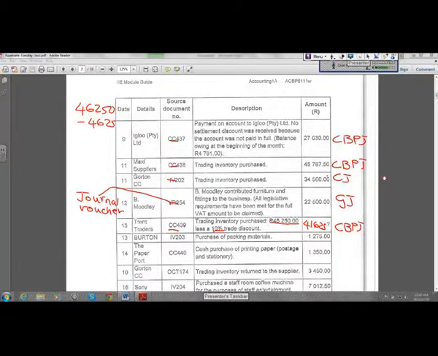If we were answering an accounting equation question, we would put that capital in the equity. We're going to have an asset and the equity: the asset will be the furniture, equity will be capital. So we will put 22,500 under assets and equity.